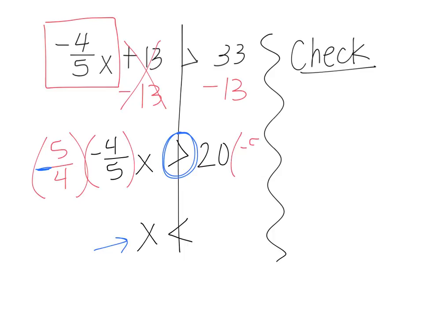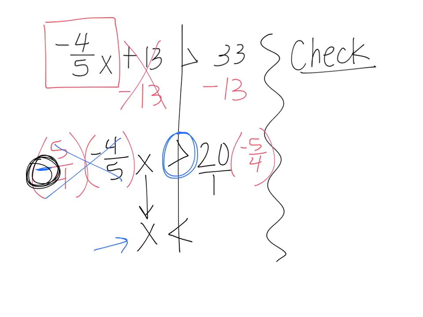Times negative 5/4. Our fractions all cancel out over here. Our x is brought down like we already did. Because I multiplied by this negative right here, that's what caused my inequality symbol to flip. But remember, I already did that at the beginning so I wouldn't forget.